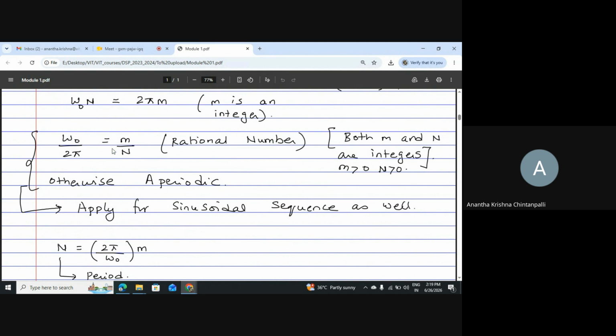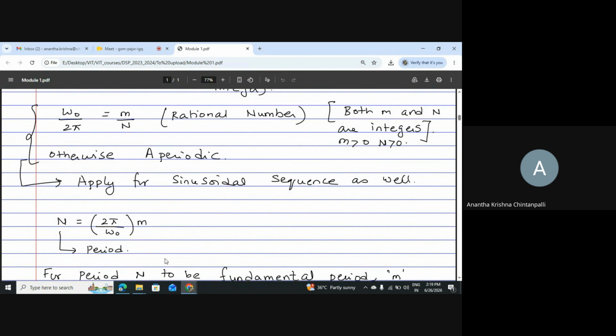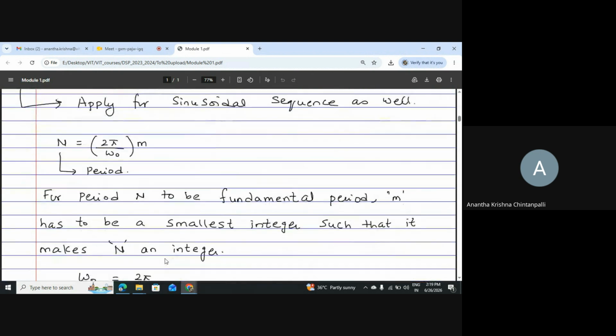Now this capital N is my period. If I substitute and simplify here, N becomes 2 pi m divided by omega naught. When is this going to be a fundamental period? This is where students do get confused between period and fundamental period. So this is a very important statement which I have written. For the period N to be a fundamental period, little m has to be the smallest integer such that it makes capital N an integer.